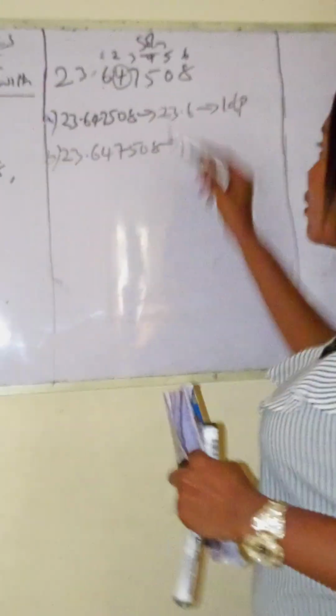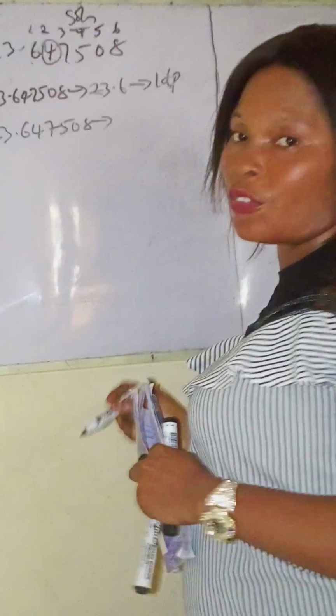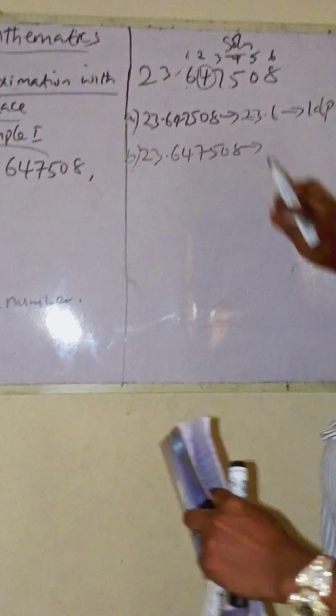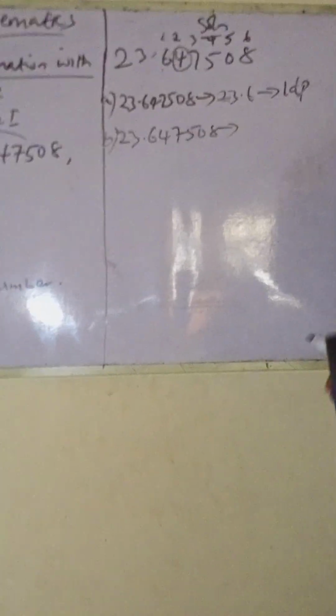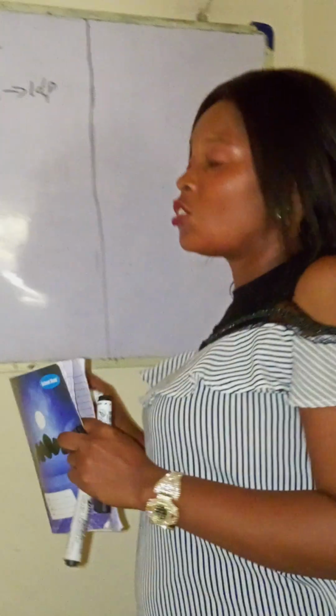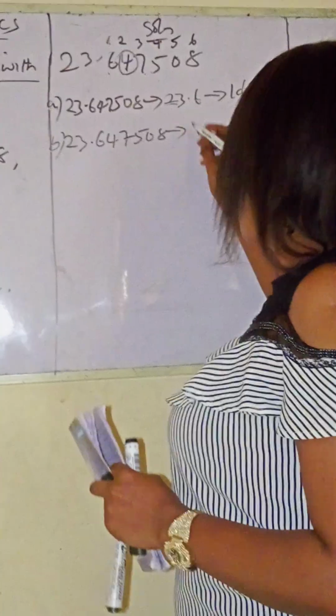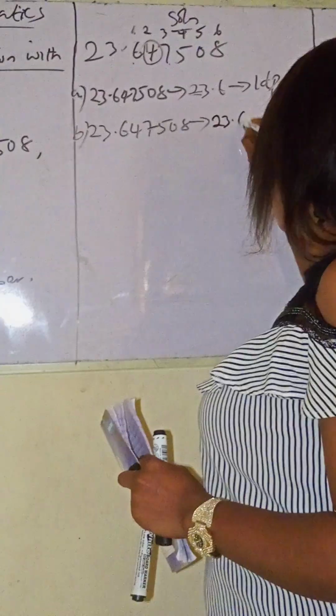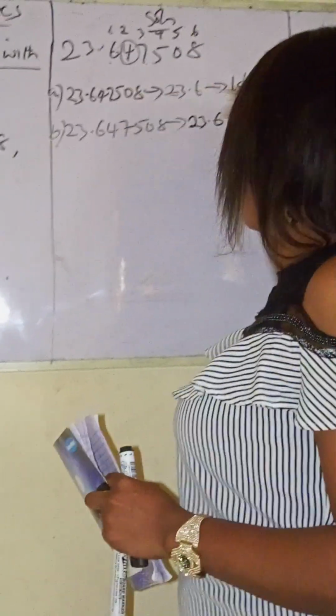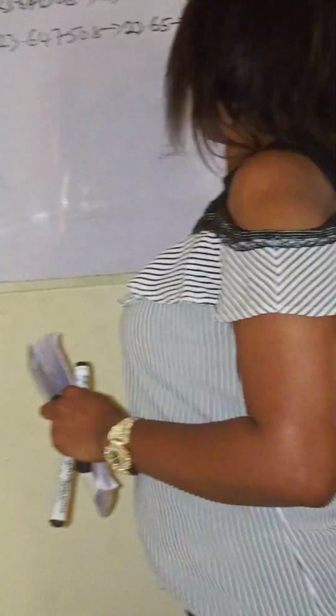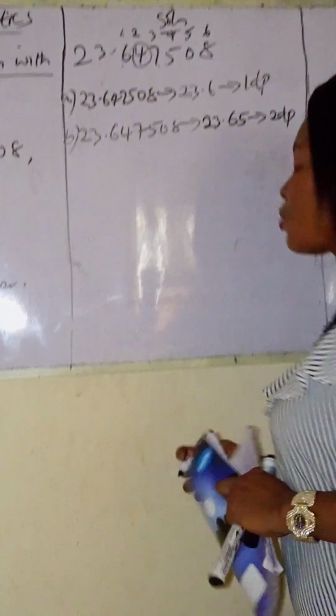So that shows that we can take 1 from it and add to what? The 4 there to make it 5. Before then, nothing is affecting all these numbers. Only the one that you circle that you are going to change using the number that is next to it. So we have this as 23.6. Take 1 from this one and add to this 4 becomes what? 5. This is what to 2 decimal places.